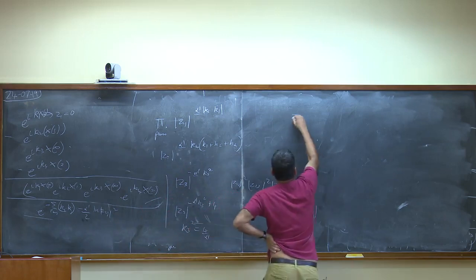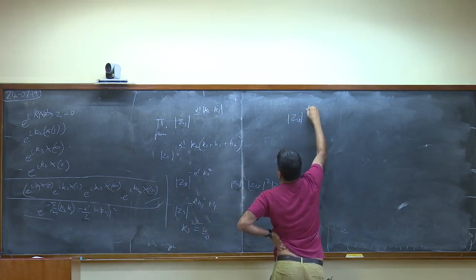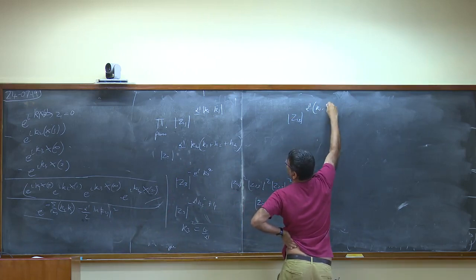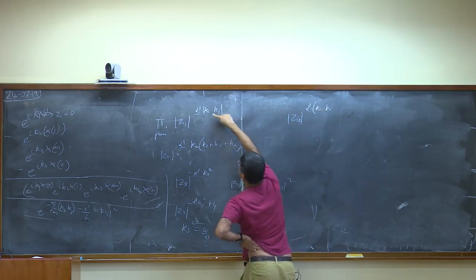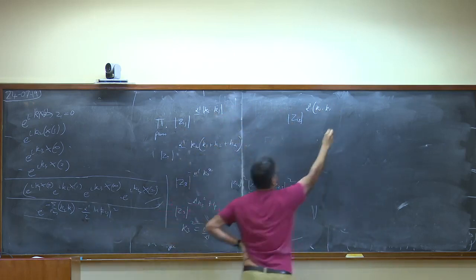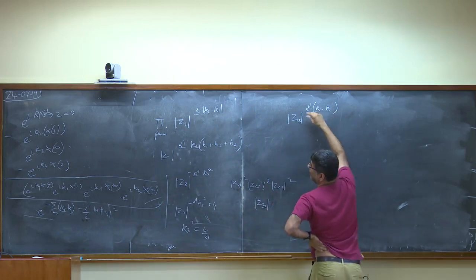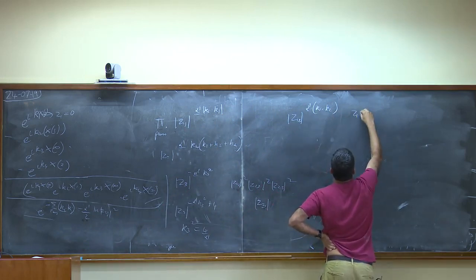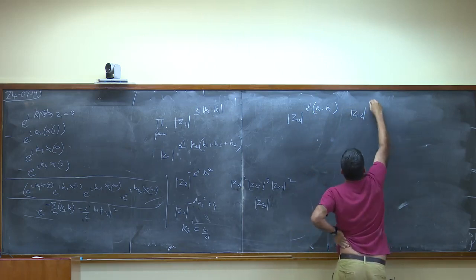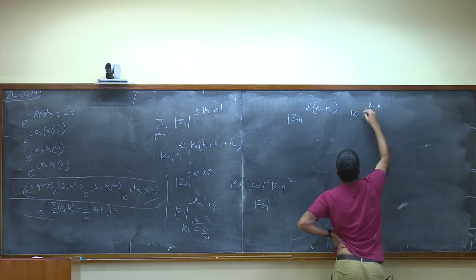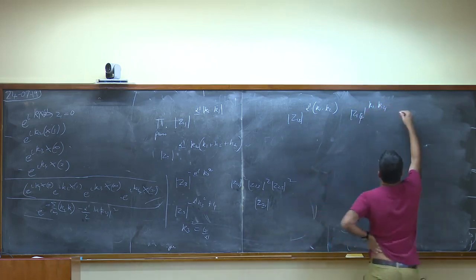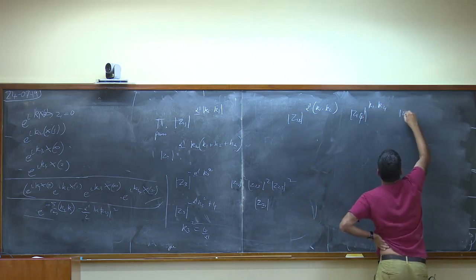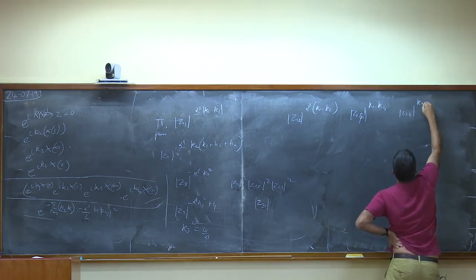So we get |Z12| to the power alpha prime K1 dot K2, and then Z14 to the power alpha prime K1 dot K4, and Z24 to the power alpha prime K2 dot K4, because 3 has been taken out.